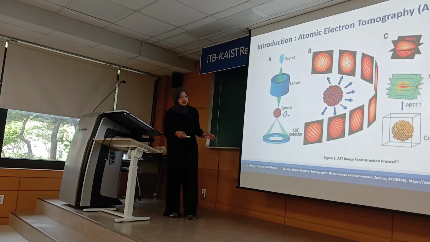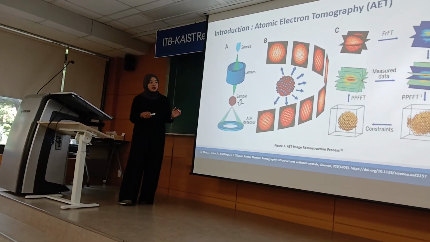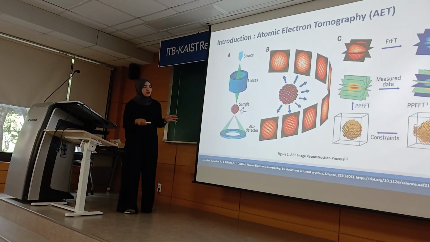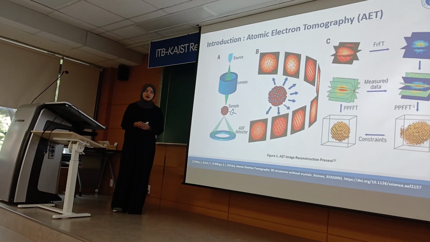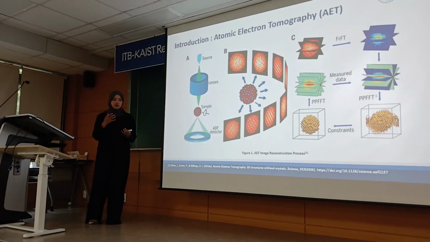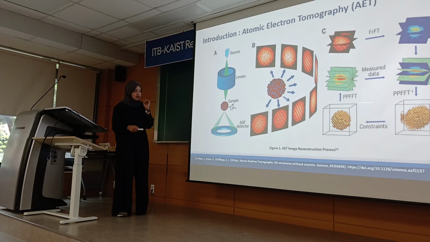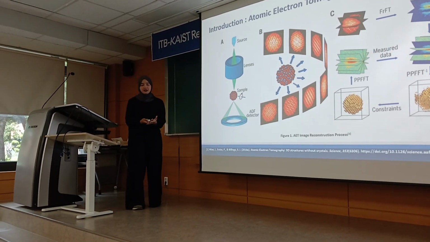But we can see that because of those arbitrary numbers, there are several artifacts, and we can apply real space constraints such as positivity or any atom information, and we can get a 3D volume that is cleaner.